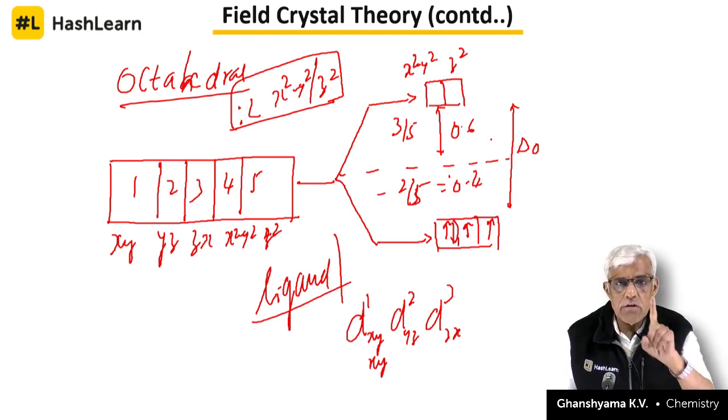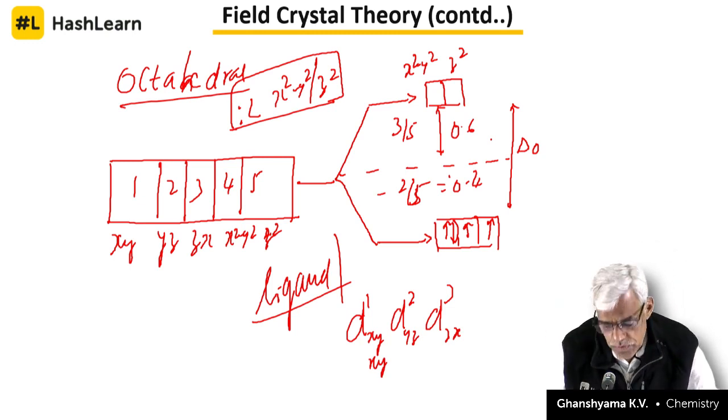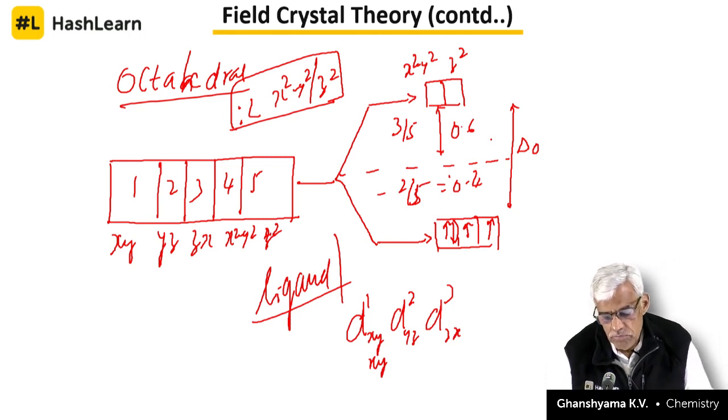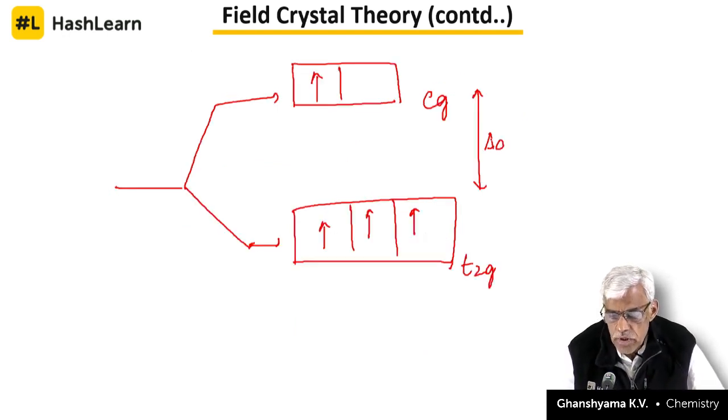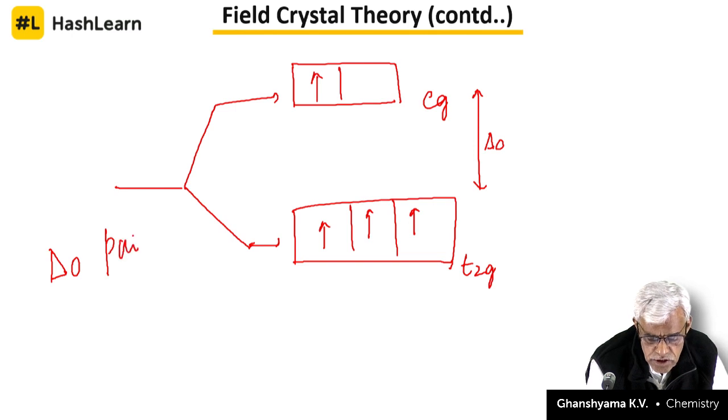If 2 electrons are to be paired, they have to overcome the repulsive force. There will be strong repulsion, and it has to overcome that, so it will need some energy. There are 2 types of energy now: delta 0, the splitting energy, and the pairing energy.